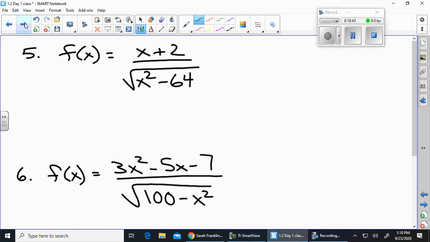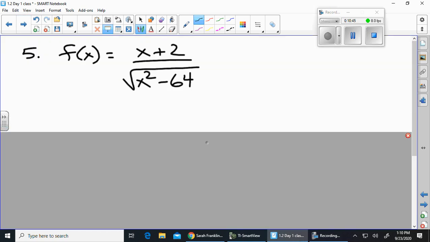So 2 more. Now I put the radical on the bottom. So this is actually easier. The top doesn't have a radical. Top can be anything. You can add 2 to any number that you want. The bottom, well, I know it can't equal 0, but I also have a radical.